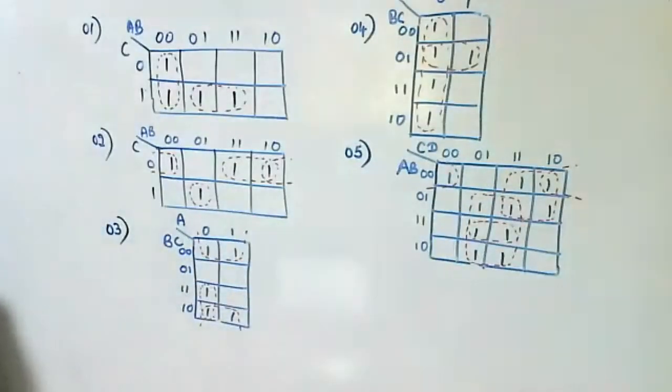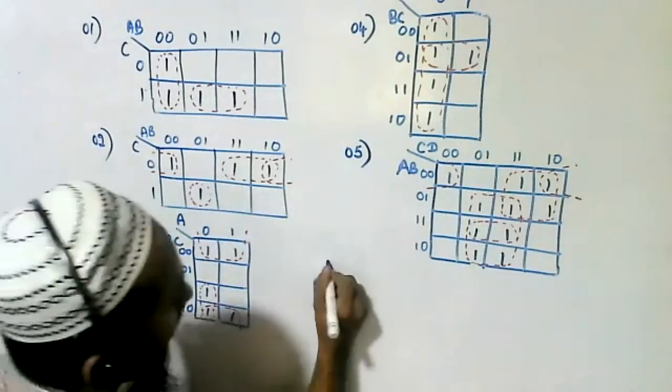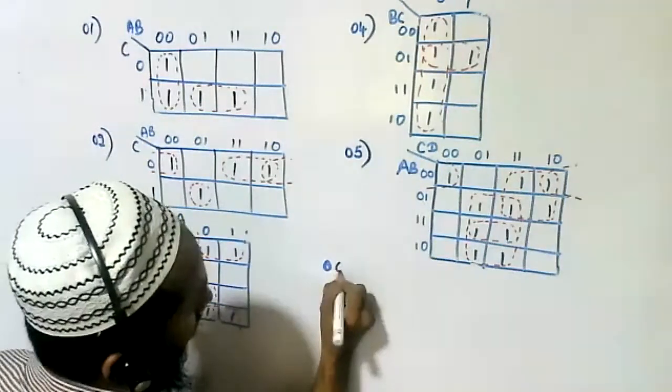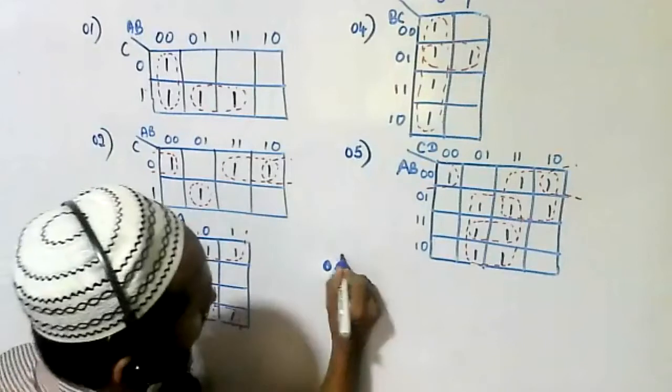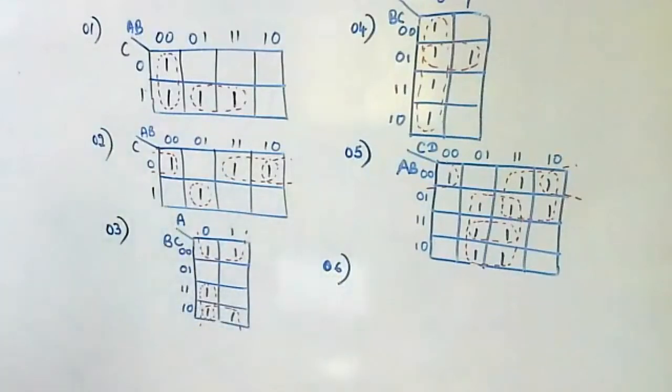Okay, right. I'm coming to the next one, the last one, the 6th one. Hope you can see this part. Just let me erase this one and take it to here.